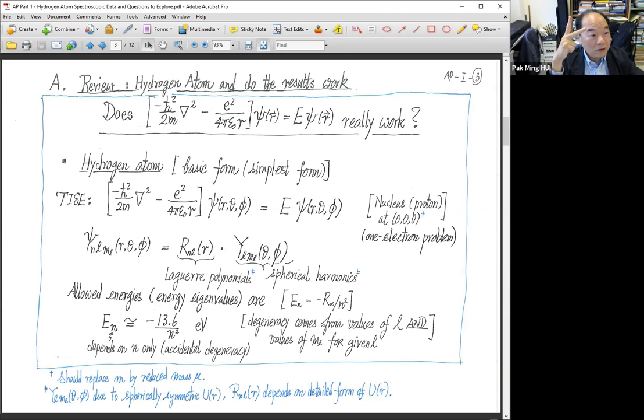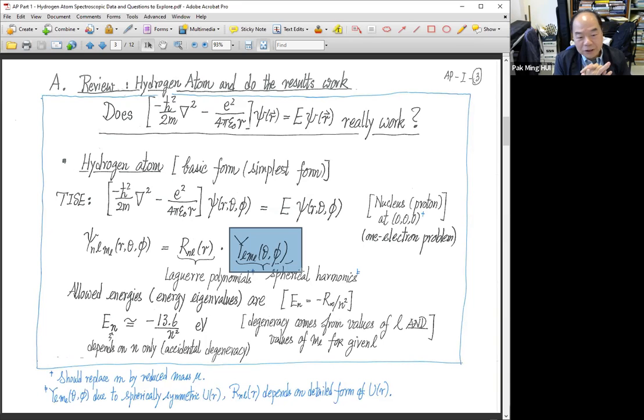Have you learned that? You have, right? I hope. When you do that, theta and phi come together to give you the spherical harmonics, Y_lm(theta, phi).